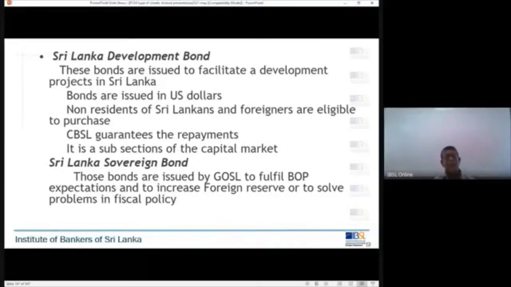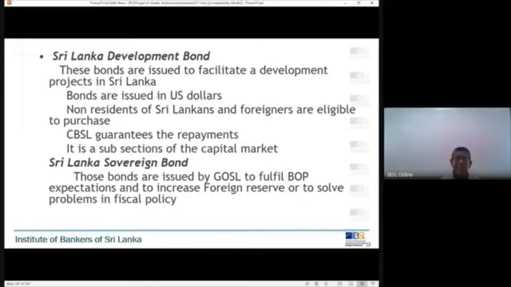Okay, so now we look at another one we call the Sri Lanka Development Bond. Right now, these bonds are issued in dollars, right? Sri Lanka Development Bonds are issued in dollars, in the form of US dollars.